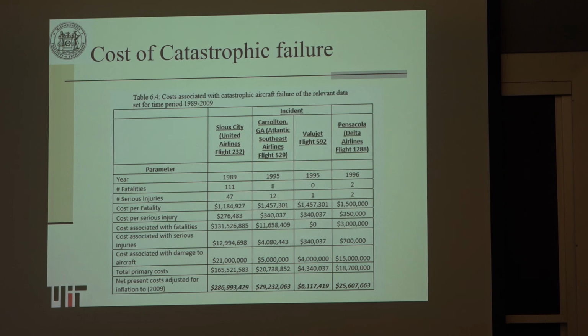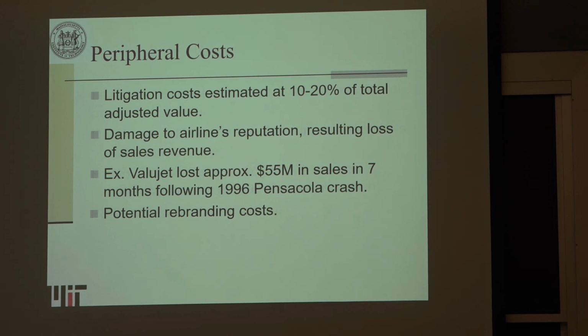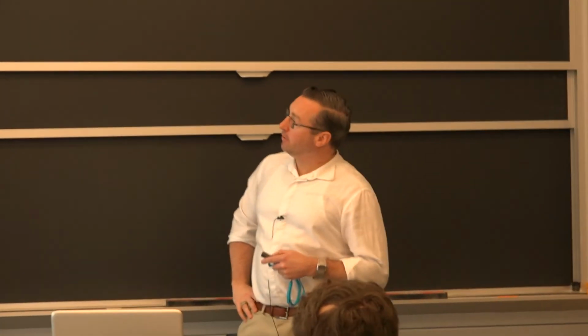There were a lot of other events that weren't included in this. So the last slide is just on peripheral costs. Litigation costs can be 10 to 20% of that final number, which is not taken into account. You have damage to the airline's reputation resulting in loss of revenue.